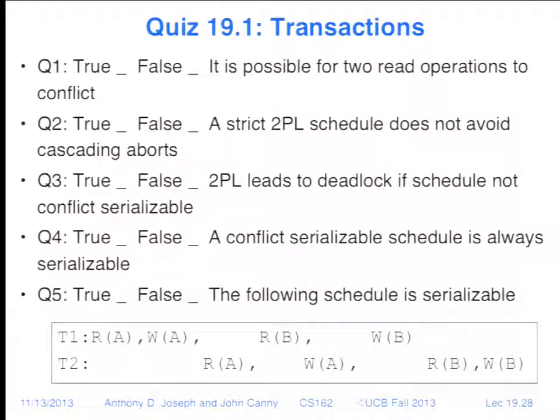Okay, so let's review some of this material before we keep going. First of all, is it possible for two read operations to conflict? No, not by themselves. A strict two-phase locking schedule does not avoid cascading aborts. Yeah, double negative. Two-phase locking leads to deadlock if the schedule is not conflict serializable.